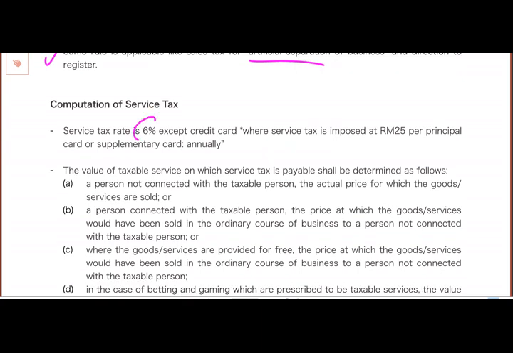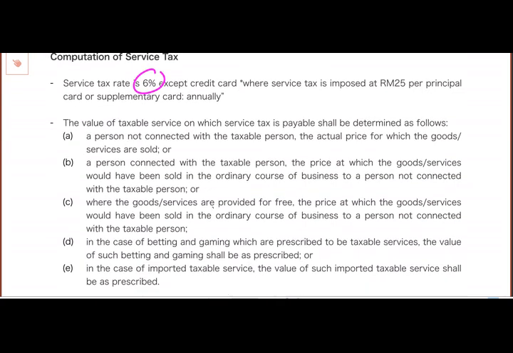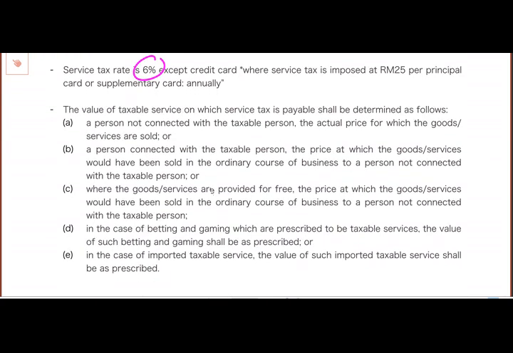Service tax is based on 6%, just one rate, 6%. But the question is, what is the value that you use to multiply by the 6%? Now, the value is like this. If the person is not connected with you, that means not related to you, you follow the actual selling price, okay?